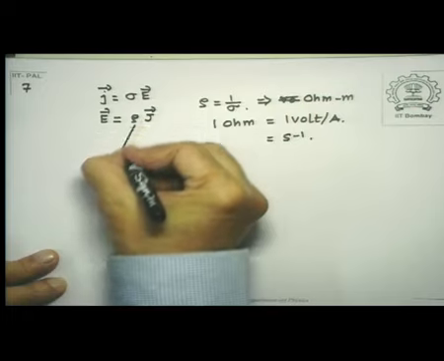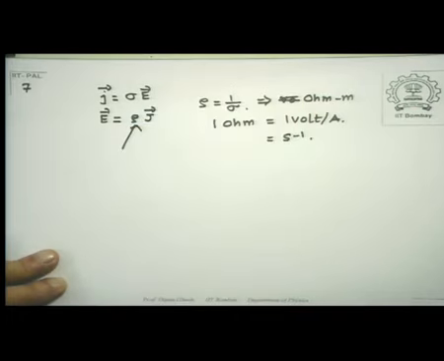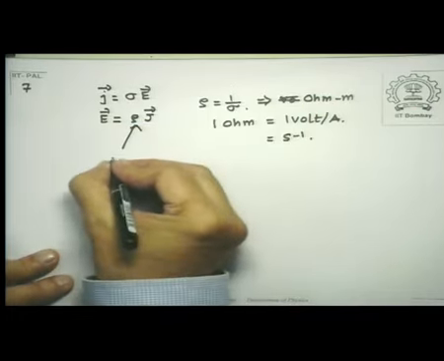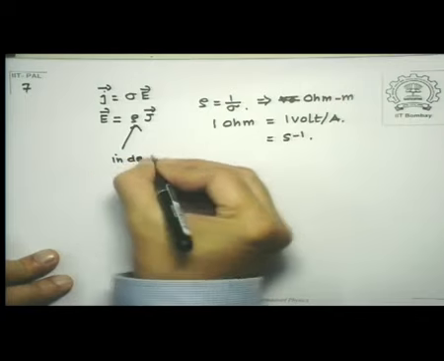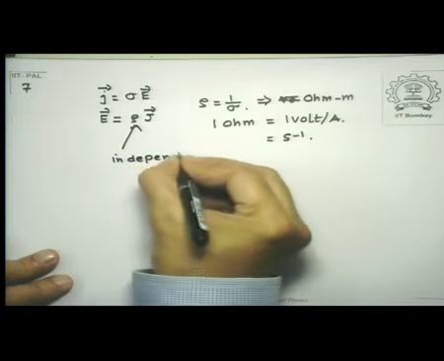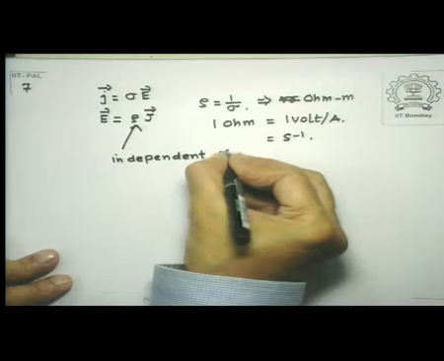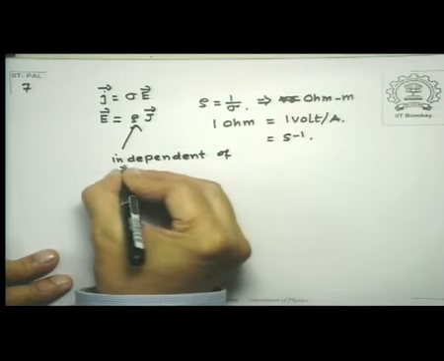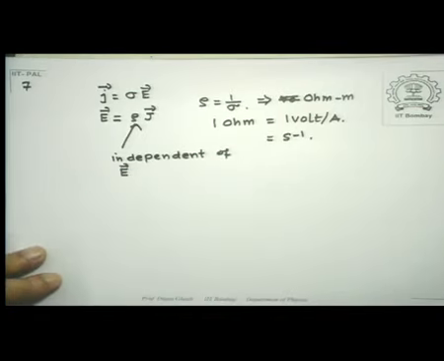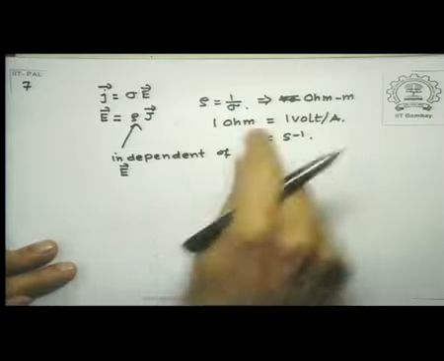This rho, like sigma, is independent of electric field and it depends upon the properties of the material. Conductors are characterized by high values of sigma, or low values of rho.